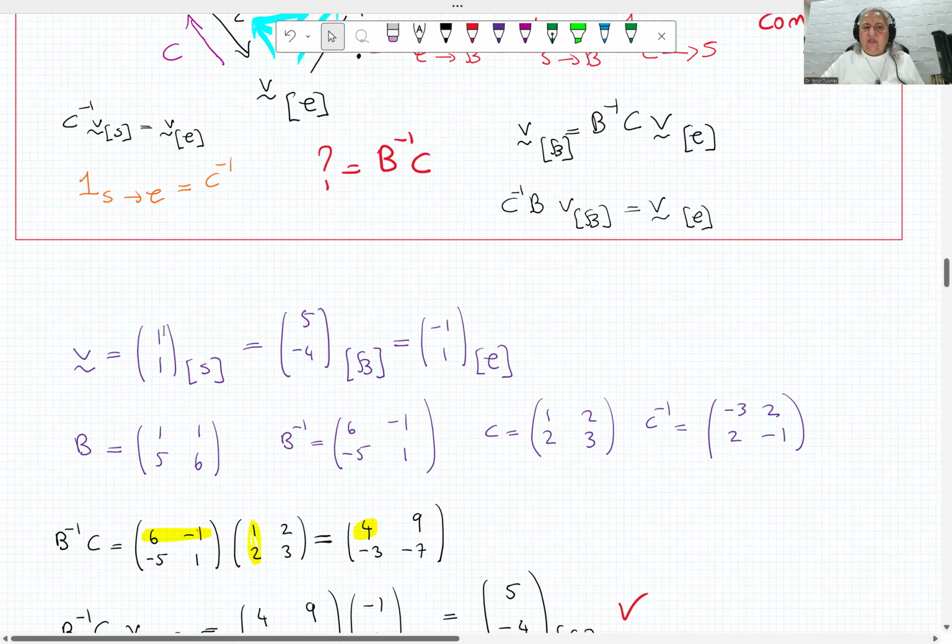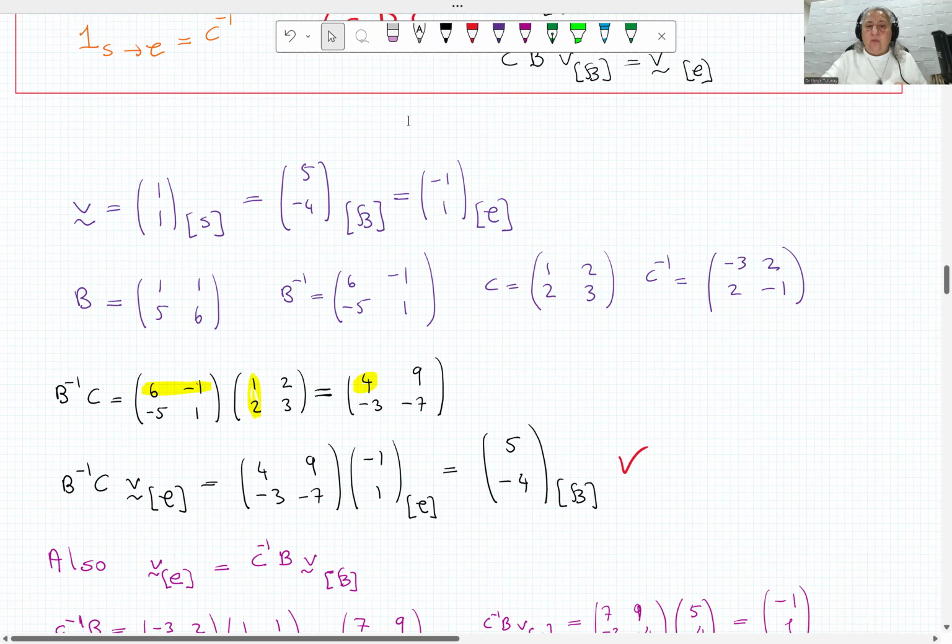So we have V here with respect to S. We have coordinate vectors with respect to B. This is the coordinate vector with respect to C. Now I have a B matrix corresponding to the B basis, and we calculate B inverse, C corresponding to basis C, and C inverse is the inverse of that matrix. According to what we just discussed, we need to calculate the B inverse C matrix.